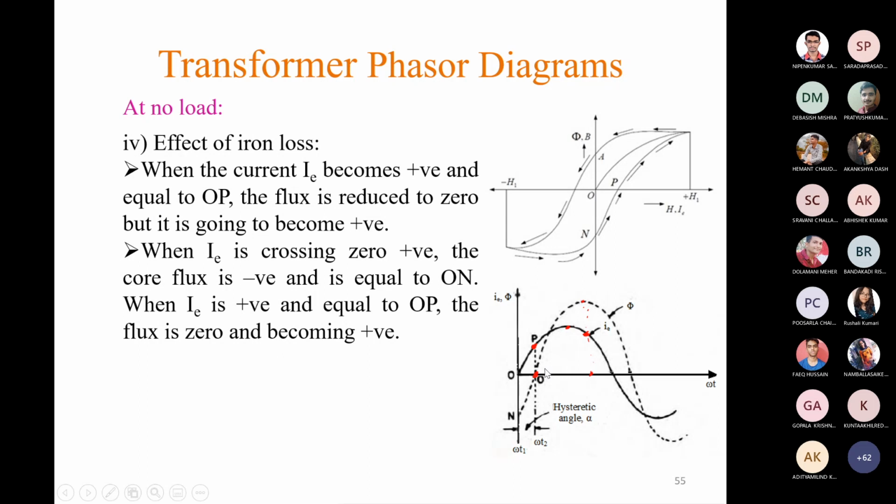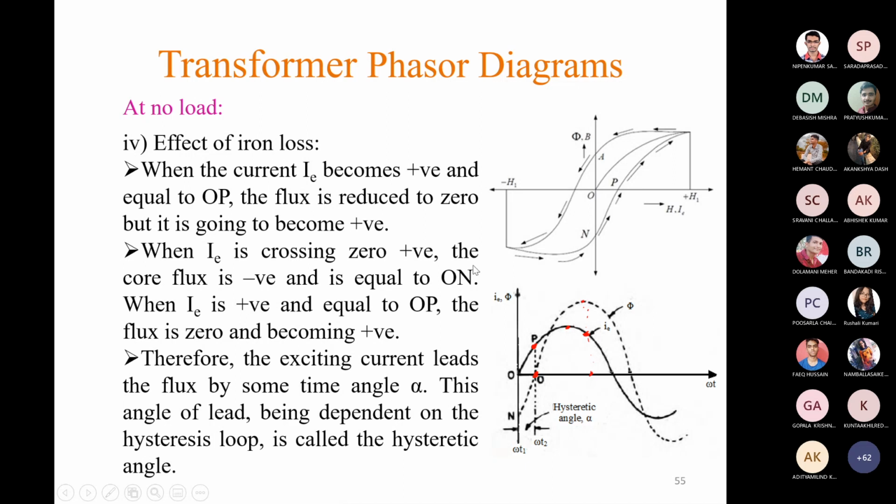So this exciting current leads the flux by some angle, and that angle is known as the hysteretic angle. Let us consider that angle as alpha.